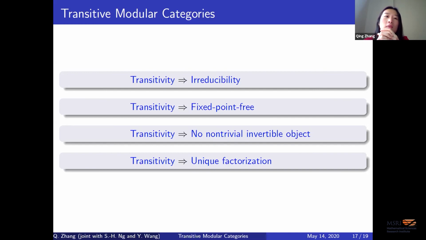But the other extreme case is where the Galois action fixes everything. That means the first row of the S matrix is rational, and since the quantum dimensions are always algebraic integers, the dimensions of simple objects are integral. So this reduces to the classification of integral modular categories.